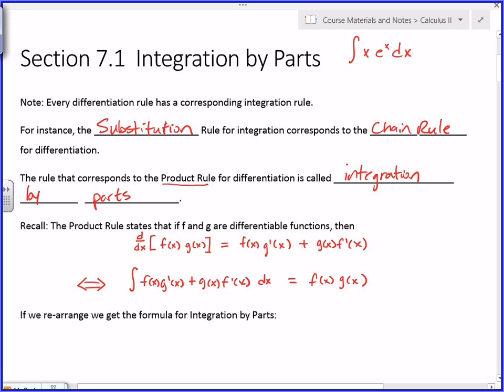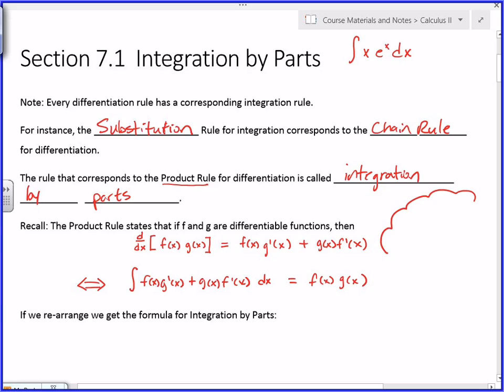That's just rewriting a differentiation statement as an integration statement. Those two statements are equivalent to each other. But while it could be useful, we could occasionally get lucky and have an integrand where we had a function times the derivative of a function plus g of x times the derivative of f. If that was the pattern, then we could use this rule. But rarely is that going to happen.